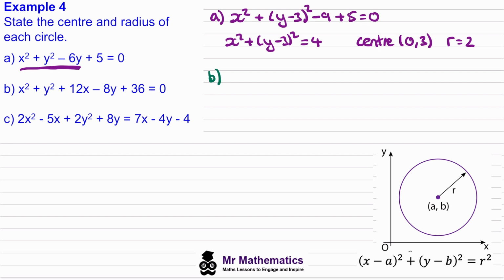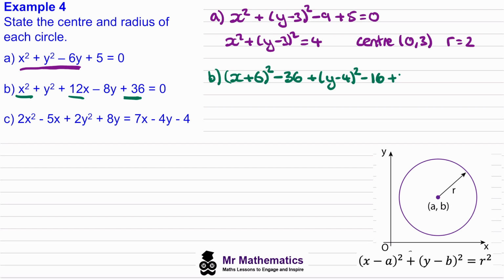So if we use completing the square with the x terms, we'll write it as x plus 6 squared. We'll complete the square by taking away the 36. And then the y terms, well, we've got y squared minus 8y, so y minus 4, which we square, and then we'll complete the square by taking away the 16.